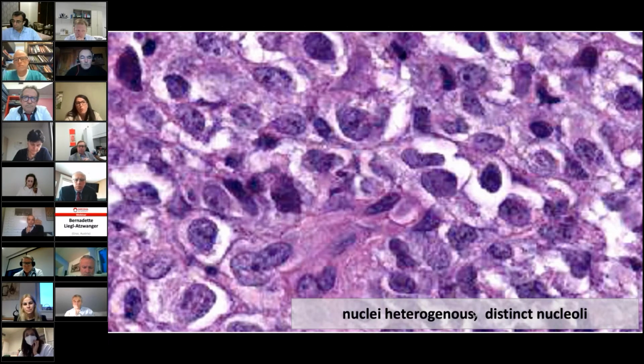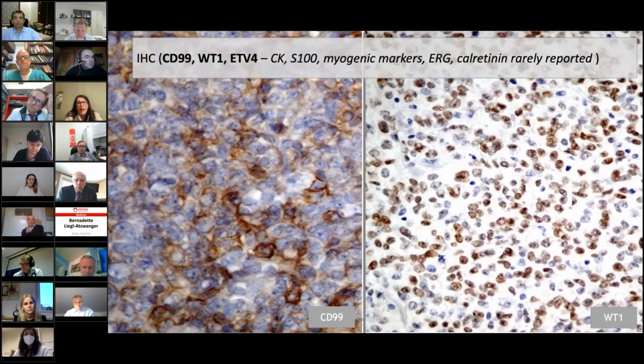So if we have these morphologic features, we can perform different immunohistochemical stains. And also for the CIC-rearranged sarcomas, there is not one single marker bringing us on the right track. It's again a combination of different IHC markers.